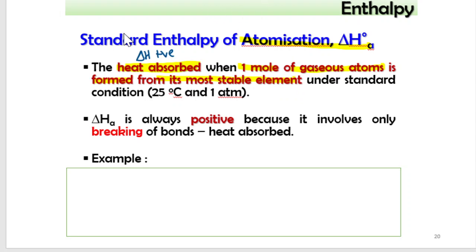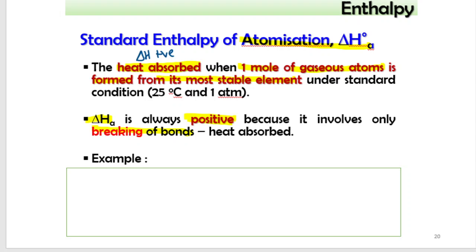So you can see, because the heat is absorbed, the enthalpy of atomization is always positive, because it involves breaking of bonds. So to break bonds, we need to absorb heat.